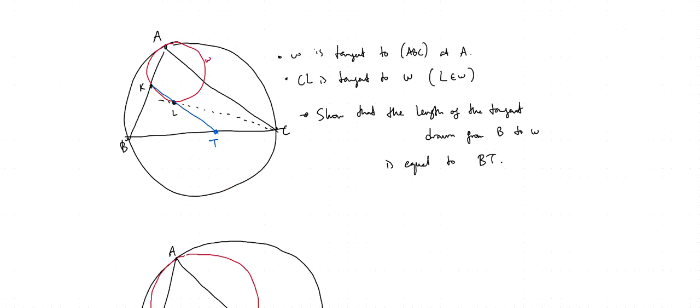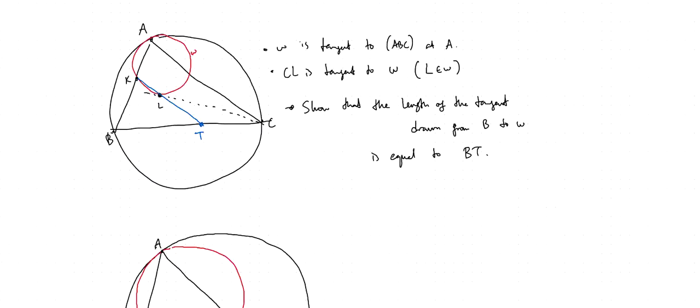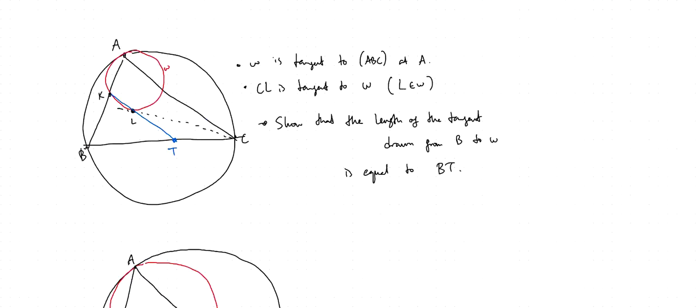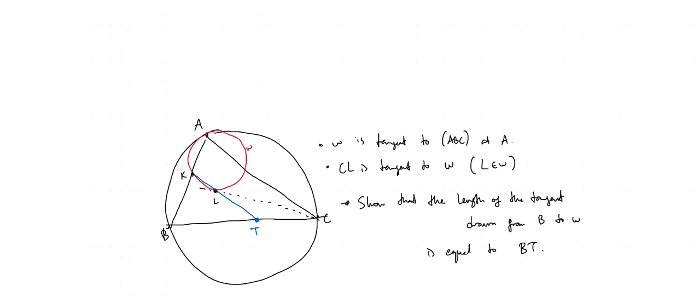And then one alternative thing we can do is to draw L on this side. You see, even with the same circle omega, you can choose another L.